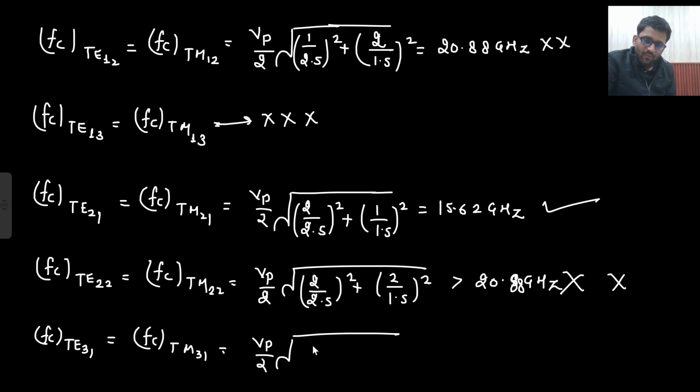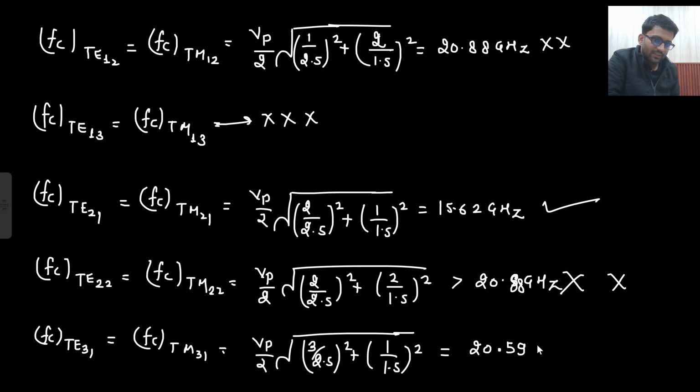Vp by 2 under root, 3 by 2.5 whole square plus 1 by 1.5 whole square, under root into 15. So that is coming out to be 20.59 gigahertz. So that will also not propagate.